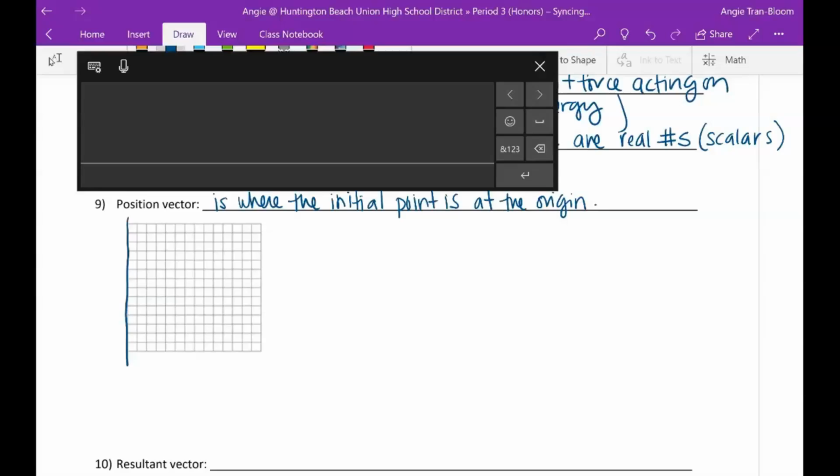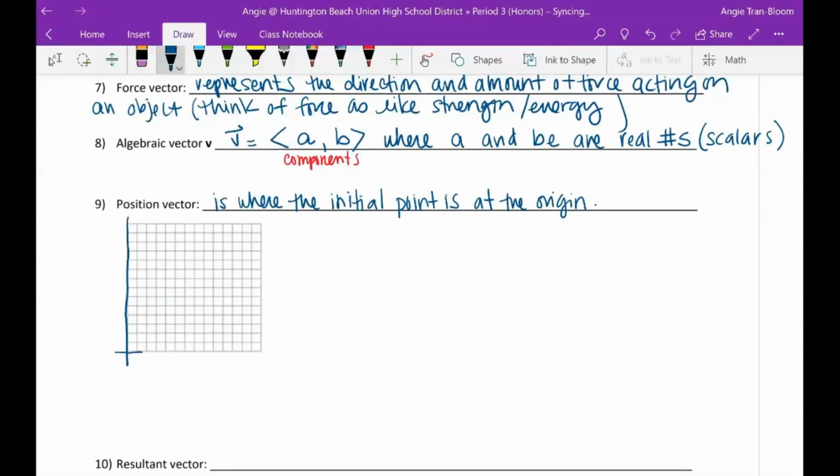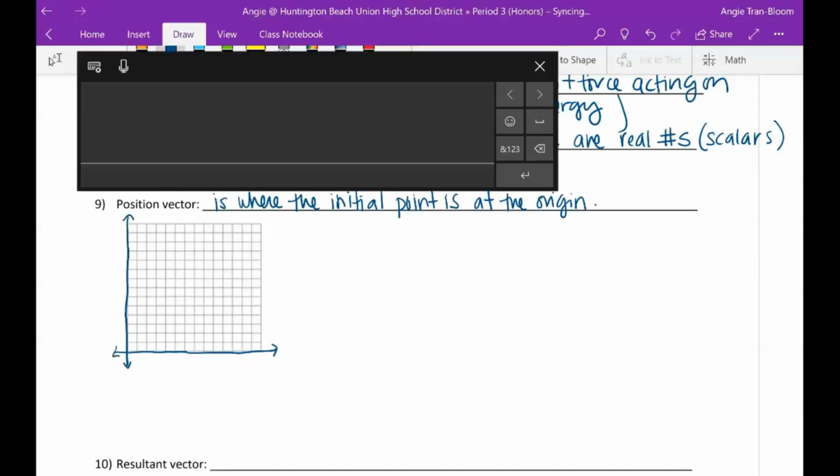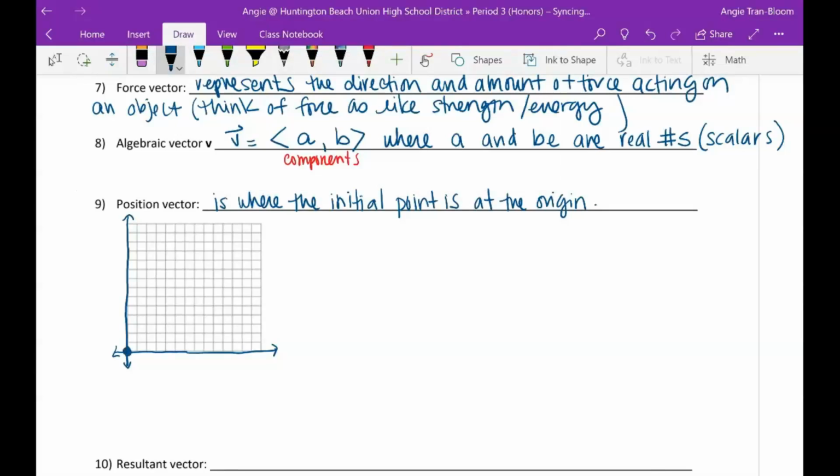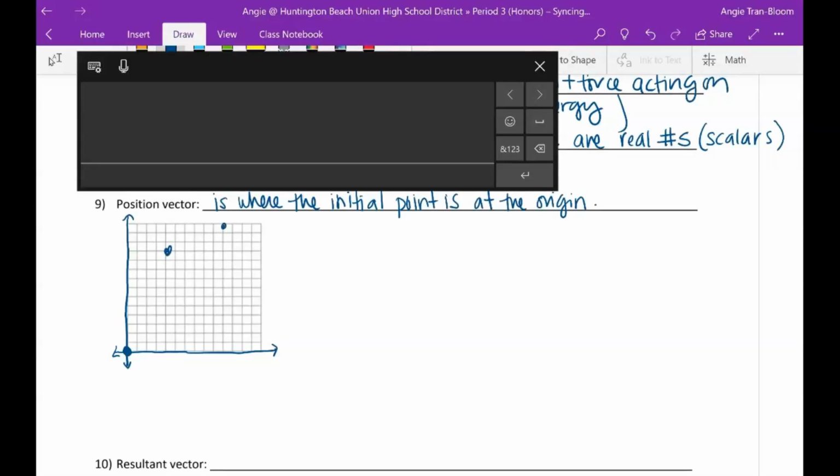Let me quickly mark an x and y axis. I'm doing this without a ruler, so it might not be as straight. The position vector, instead of starting here and ending here, which is dot 1 and dot 2, we are going to call that v.